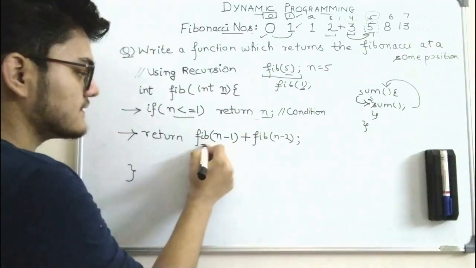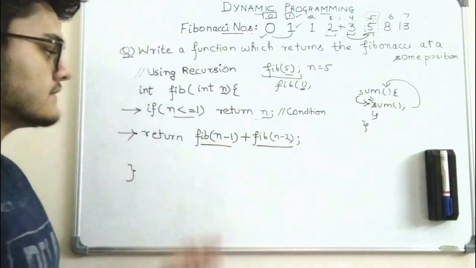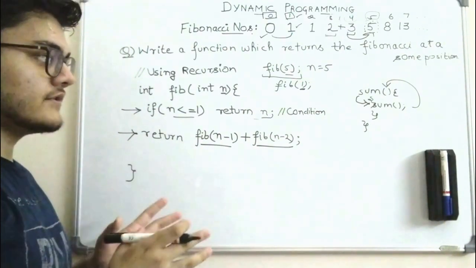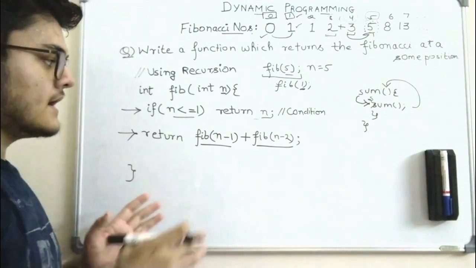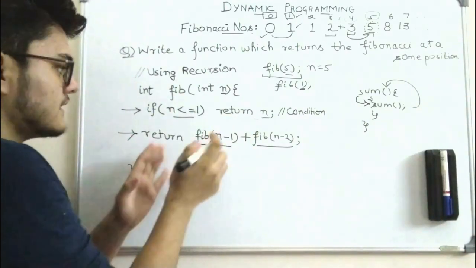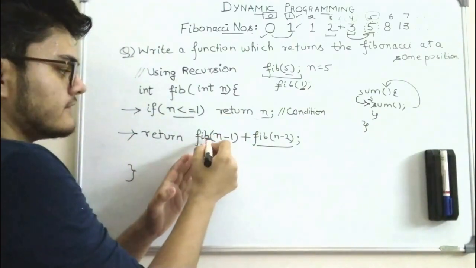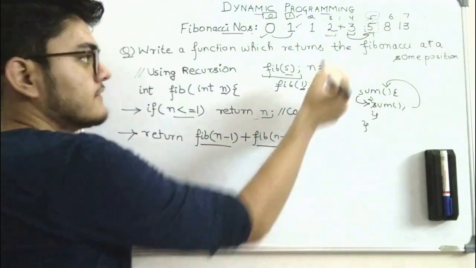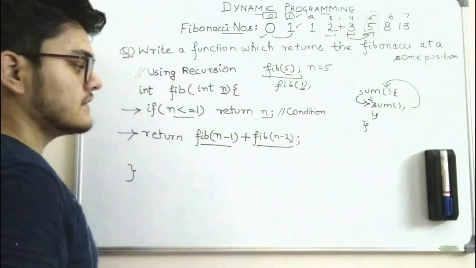As you can see here, this is the Fibonacci function, and this is also the Fibonacci function. This is the plain recursion that we have shown here, and how this function will work is, first it will call the Fibonacci number at the 4th position, then the Fibonacci number at the 3rd position.